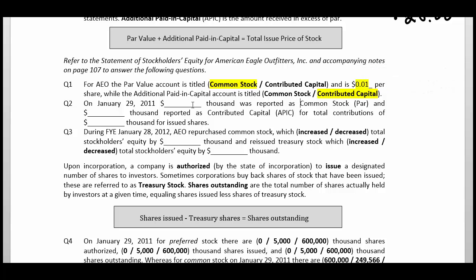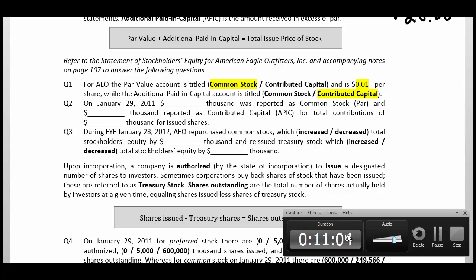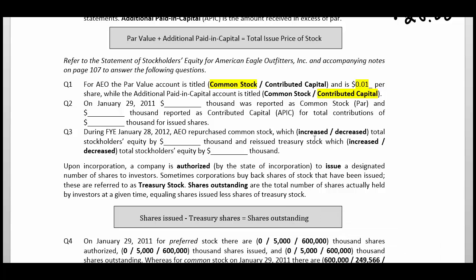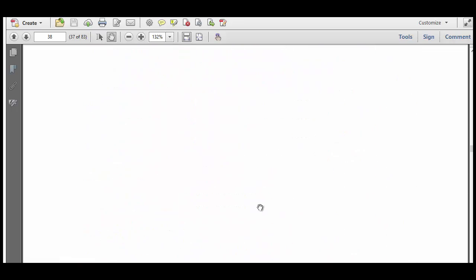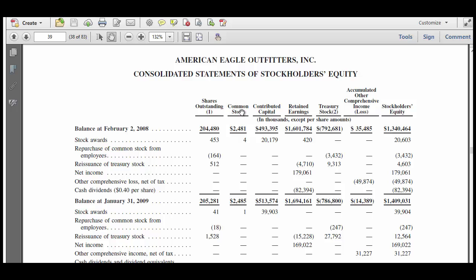So January 29th, 2011, how much was reported as common stock at par? Again, we go to our statement of stockholders' equity here, and you'll see that there's a column for common stock. That is common stock at par.